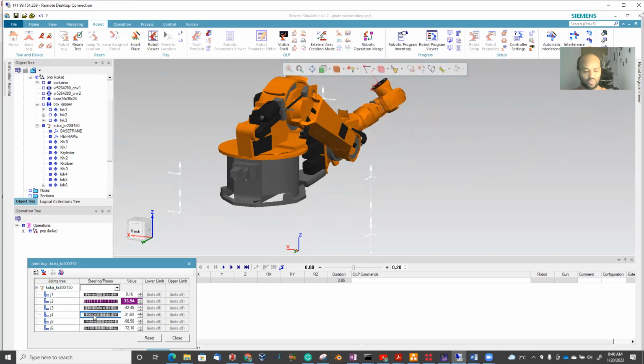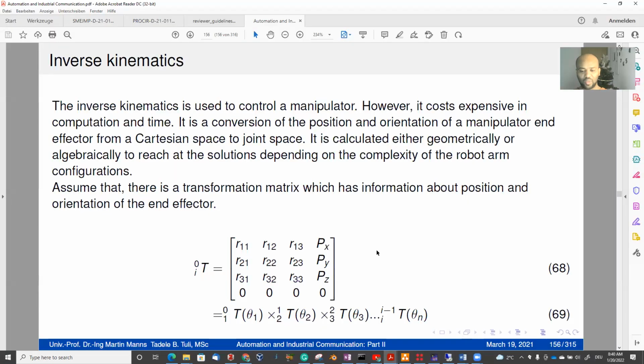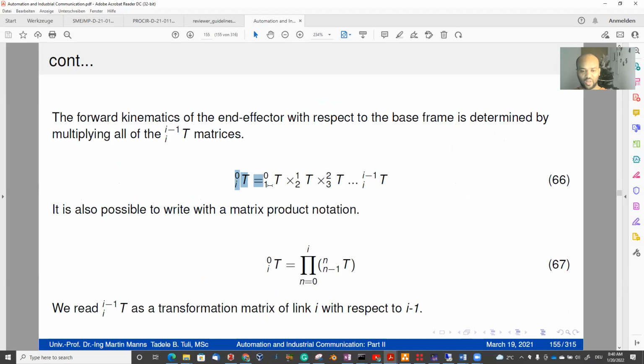If you control the robot with your joint variables, then it is forward kinematics. Forward kinematics directly applies the series multiplication of one joint times the second joint times the third joint times the fourth joint times the sixth joint. So that's how you are doing the forward kinematics.